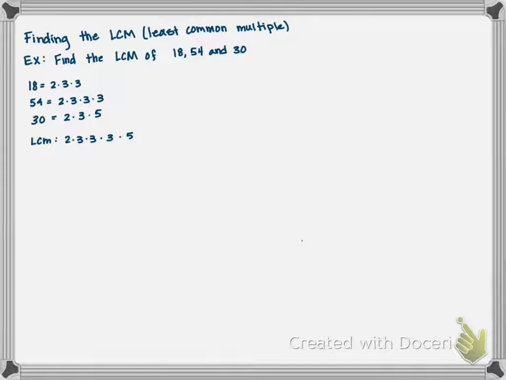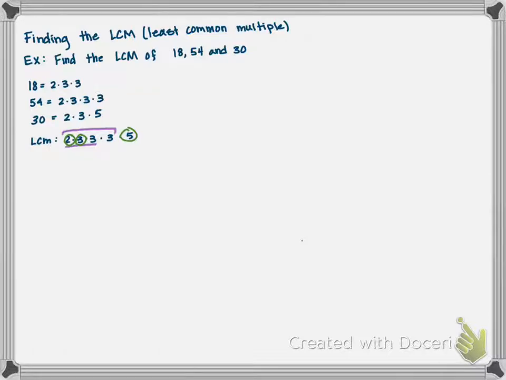You always know you have a common multiple if you can find each one of the individual numbers in that factorization. So here's 18, here's 54, and there's 30. Within our LCM, we can find each of the individual factorizations. It's okay if there's overlap.